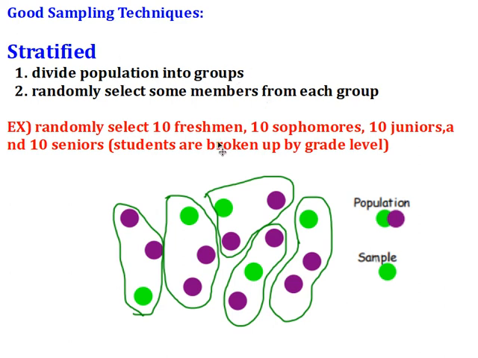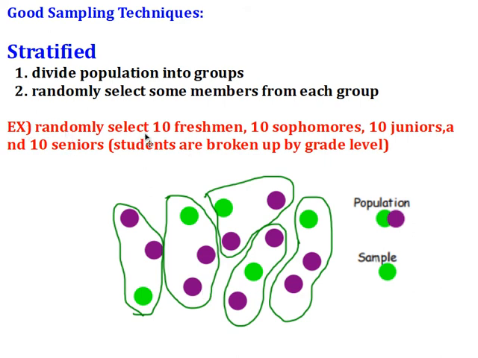So in this example below, maybe they broke it up by classes like we have listed here. And then you're going to randomly select members from each one of those groups. So notice I have 1, 2, 3, 4, 5 different groups here, and I have at least one from every group.